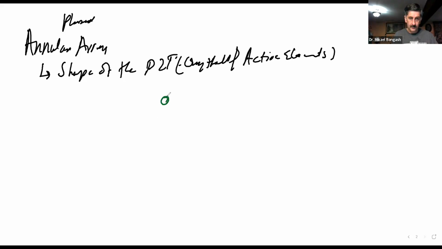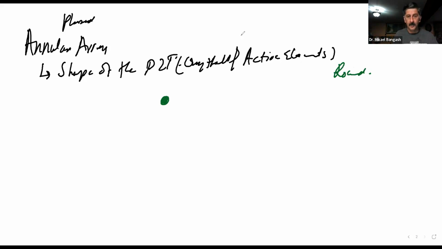One of them is going to be round, like this. Your central PCT or crystal is going to be round, just like your PCT for the mechanical transducer. Is that clear?